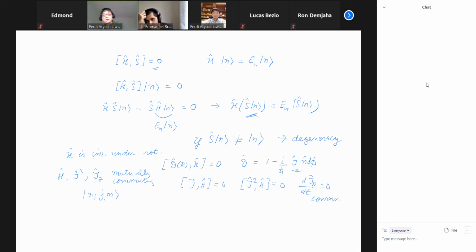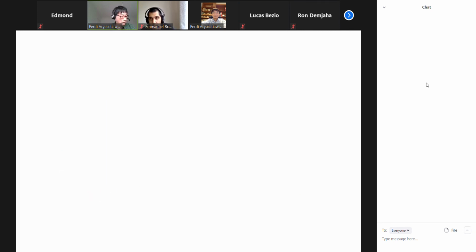So now we look at particular symmetry. We will consider basically two specific symmetry operations, namely parity, which is basically a space inversion.